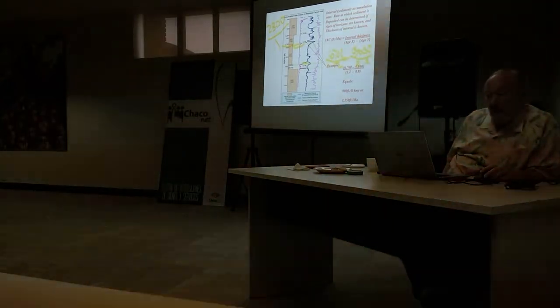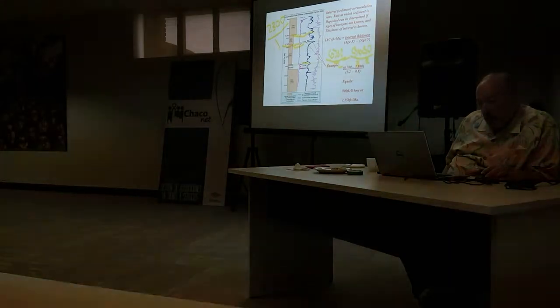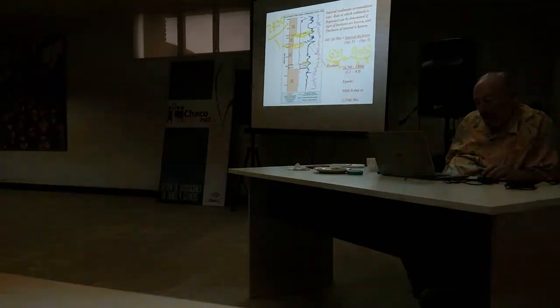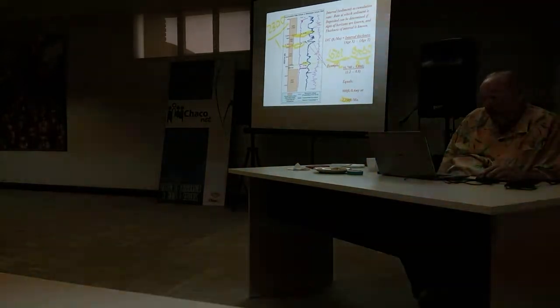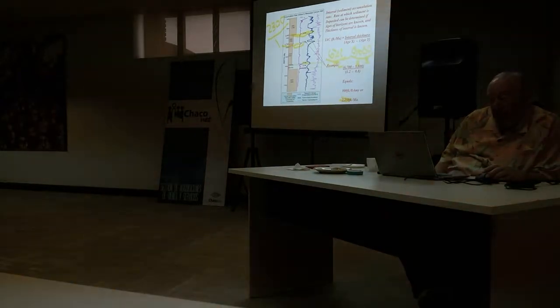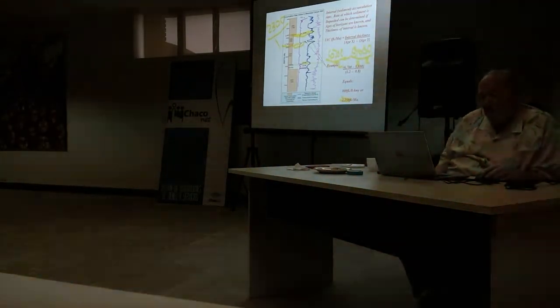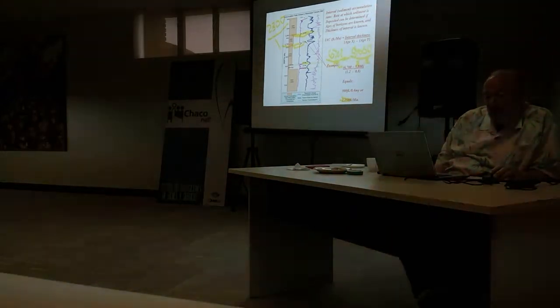Now that's a higher sedimentation rate than this interval here. This interval had 2,250 feet per million years. Now you've got just a little bit more. Even though the thicknesses are different, you had different sedimentation rates, and so you have different ages.